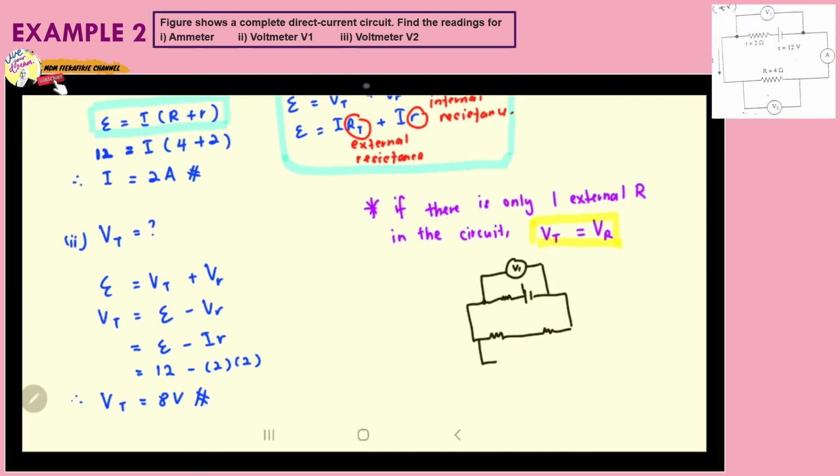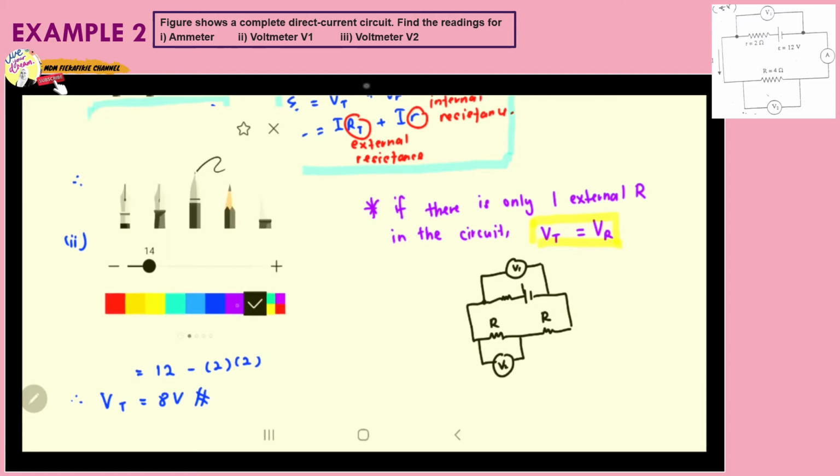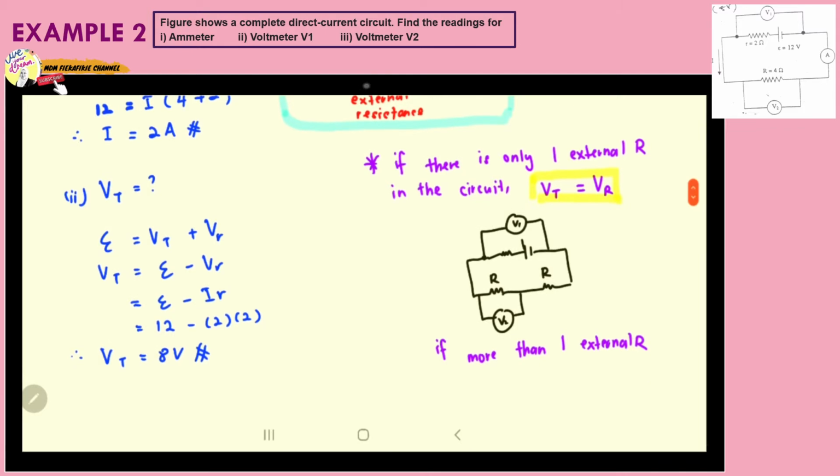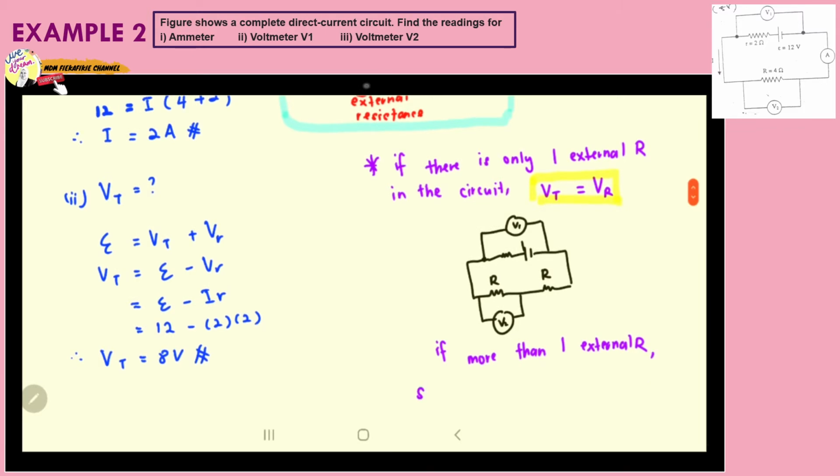Okay, and let's say this is V2. So R and R. If we have more than one external resistor R, then V terminal is not equal to VR.